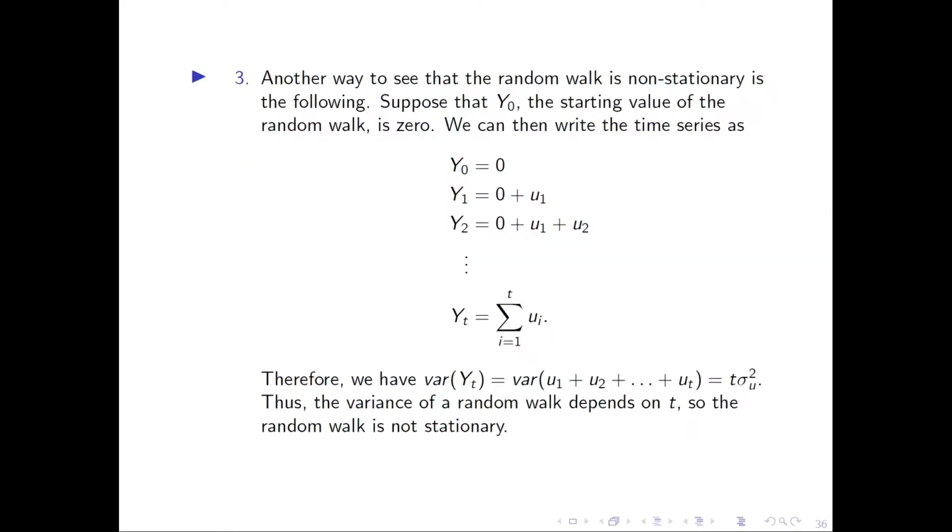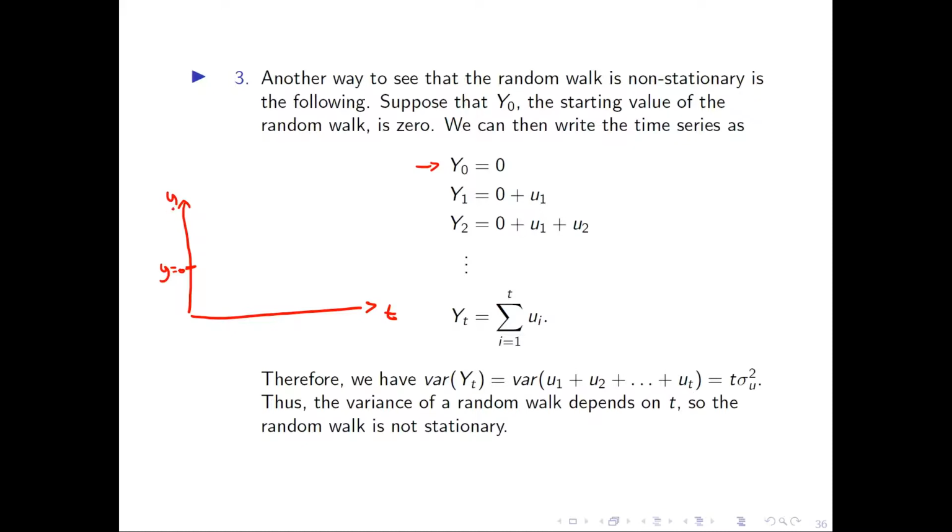If we look at the variance of the random walk from a different perspective, we can just suppose that we start the process at 0, right? So we have t here, and we have y equals 0 here.